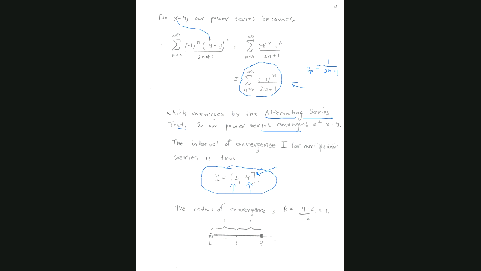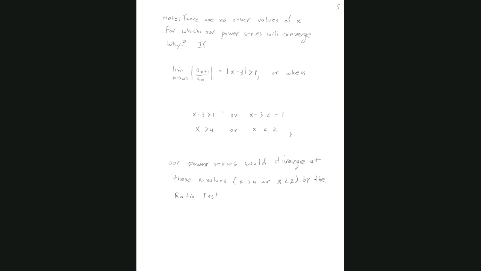The last page of the solution mentions something that I mentioned earlier, that there are no other values of x for which the power series will converge. I went over this argument with you a little earlier, so I'll just leave that there. If you want to copy that, that's fine. But I discussed this earlier in the problem.